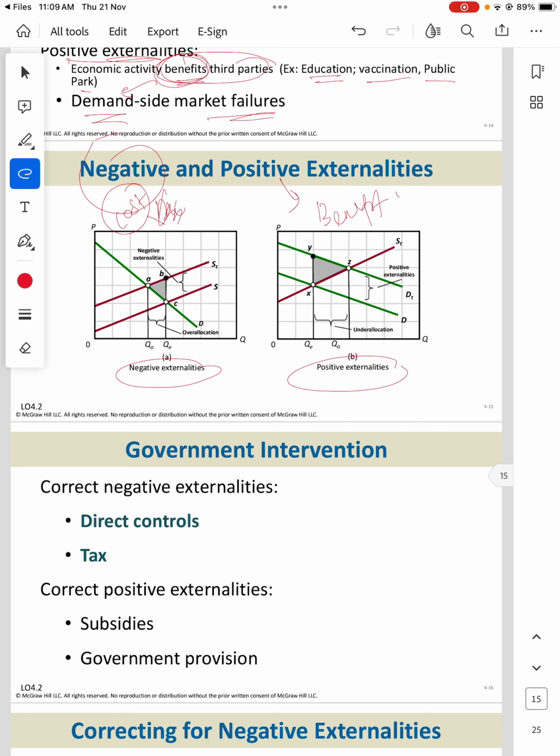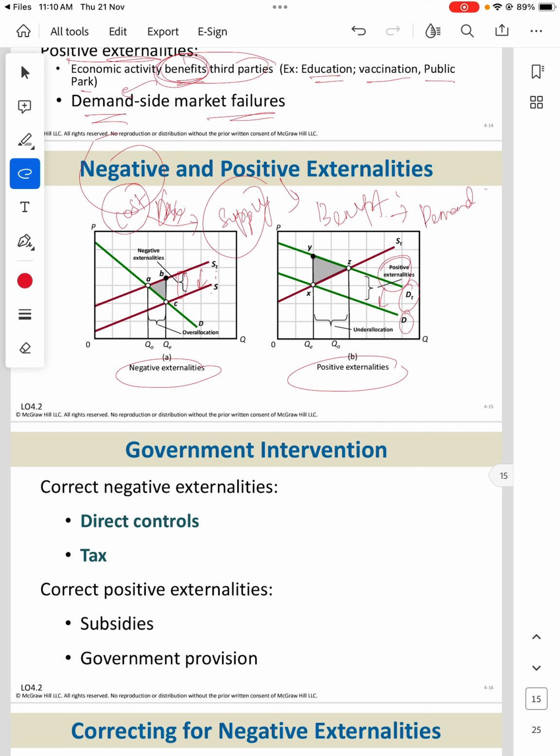When we incur cost, remember supply: the supply curve will move from ST to S, so this is negative externalities. Benefit is the demand: the demand will move to the left, DT will move to D. So this is the positive externalities.